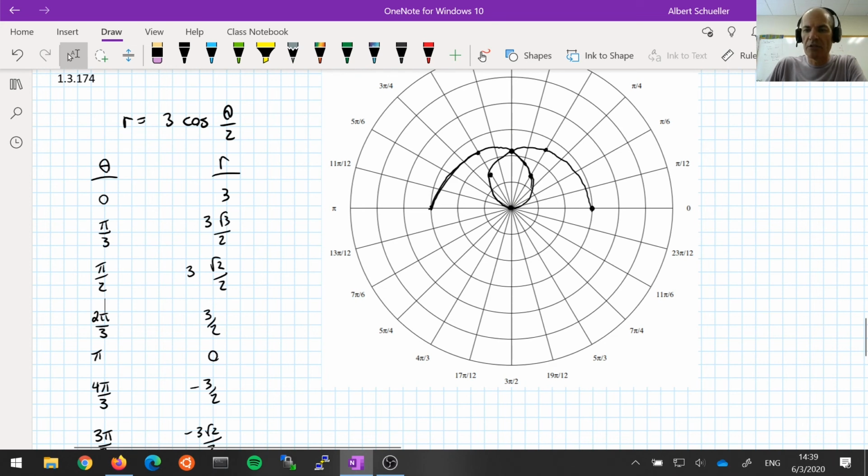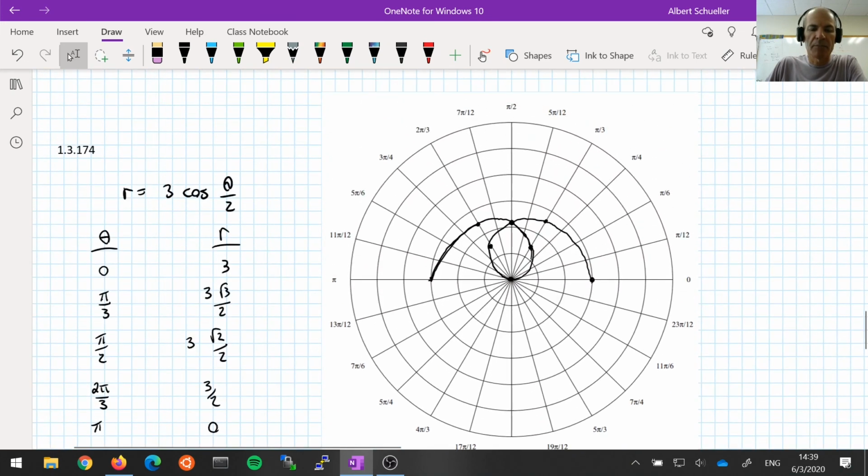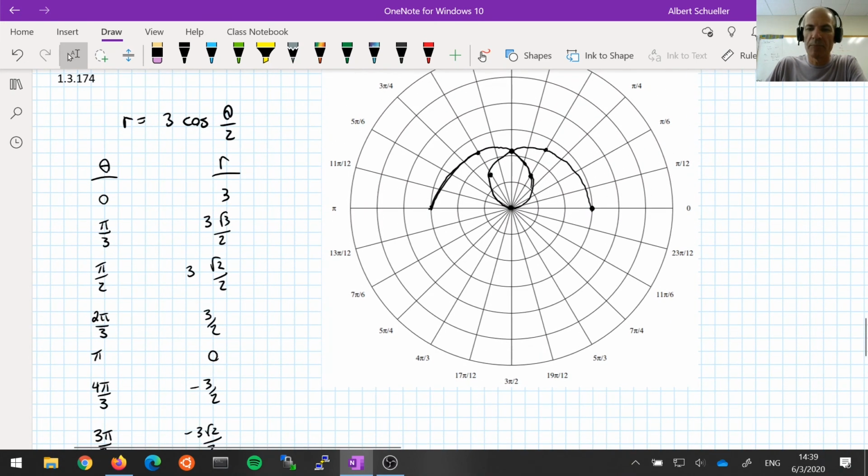And then finally I get around to 2 pi, plug it in up here, I get cosine of pi is negative 1, that's negative 3, I'm back through the origin. And in fact, I know that there's going to be some symmetry going on the other side too, here and here and here. So what's going to happen is I'm going to go up as I continue around.